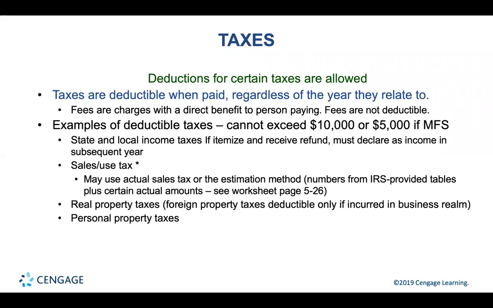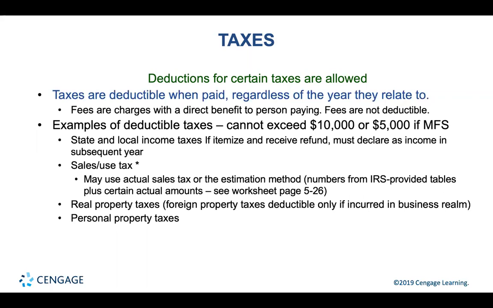Examples of deductible taxes include state, local, and foreign income taxes, sales taxes in lieu of state and local income taxes, state, local, foreign real property taxes, and state, local, and foreign personal property taxes.